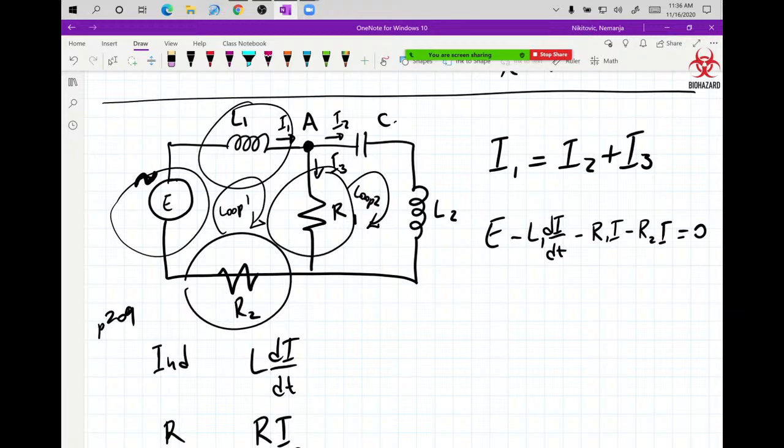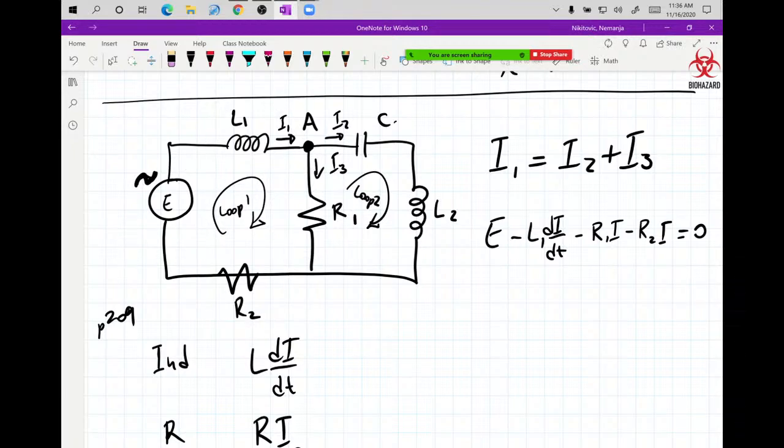And then the second loop, right? So this is loop 1. And the second loop, loop 2, is going to have the second derivative, right? Because you have no sources here, so you can just pile them all up. So you have your 1 over C. Here's your second derivative of I.